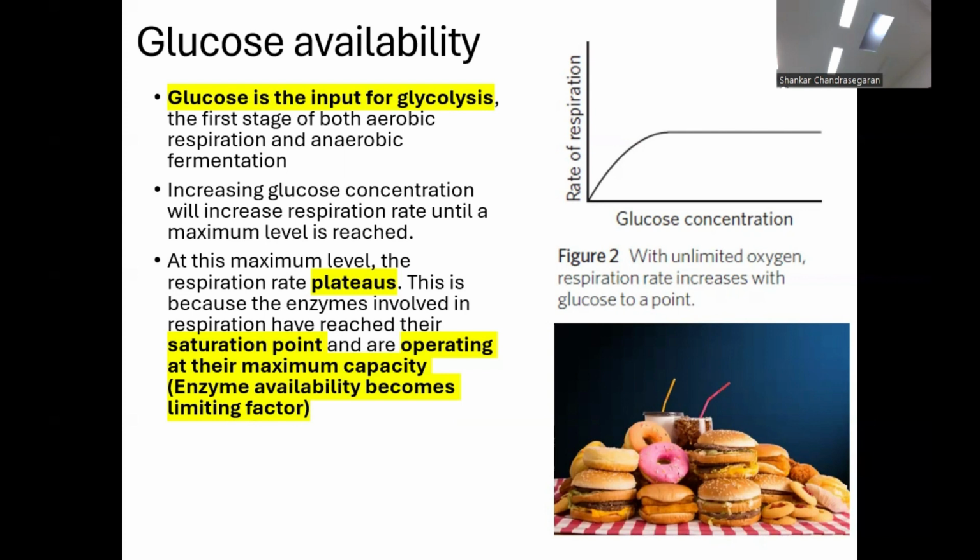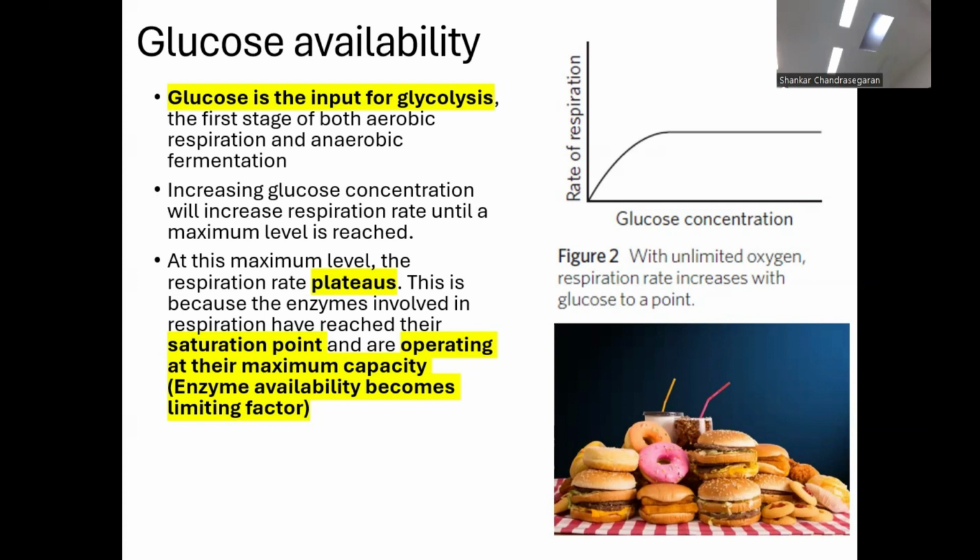By increasing the glucose concentration, as always, we will increase the rate of respiration. And as always, there is a point of saturation where it has saturated all the enzymes with all the glucose it has, and any increase in the glucose won't change the rate of reaction.